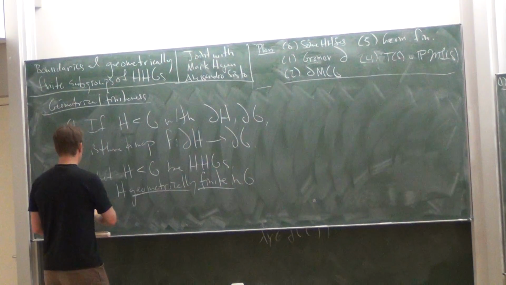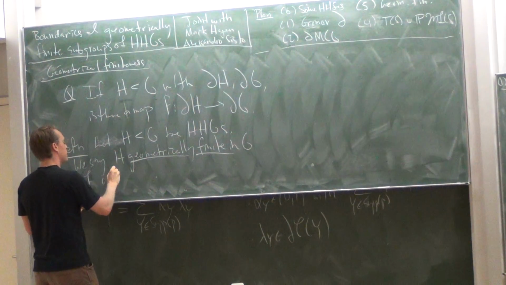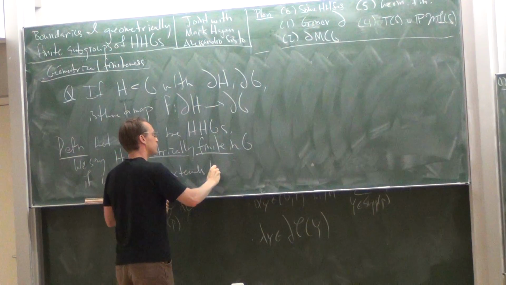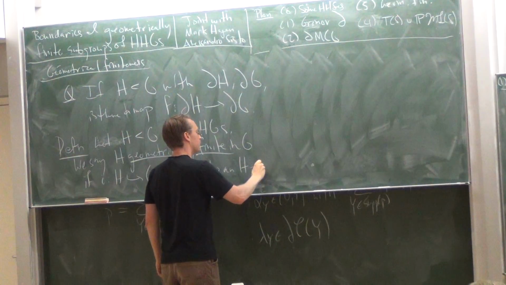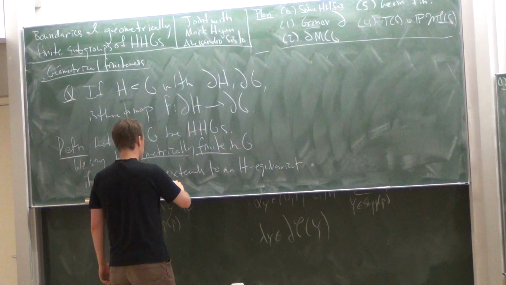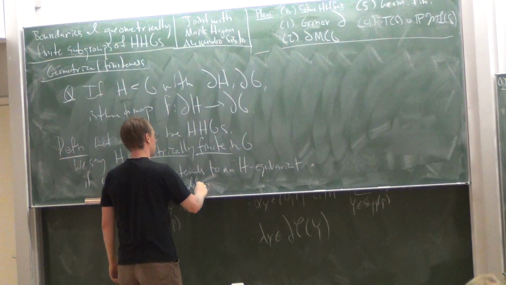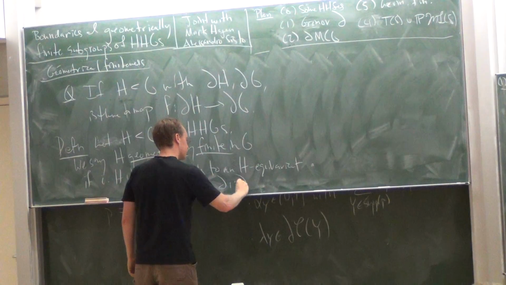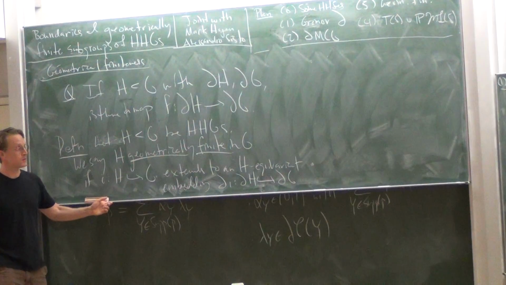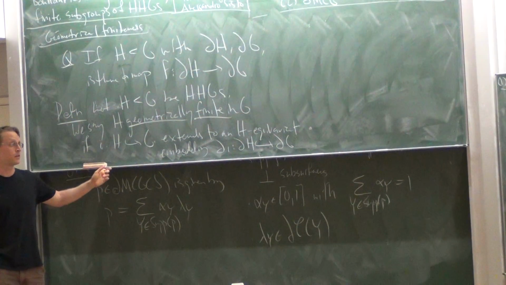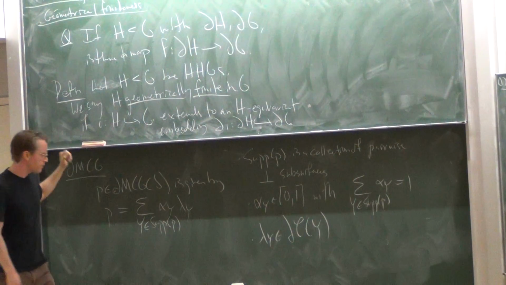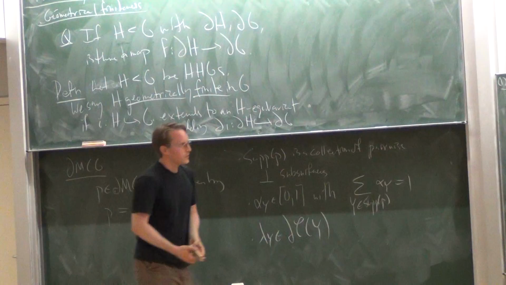if the inclusion map extends to an H-equivariant embedding of the HHG boundary of H into the boundary of G. This is a fairly restrictive condition.